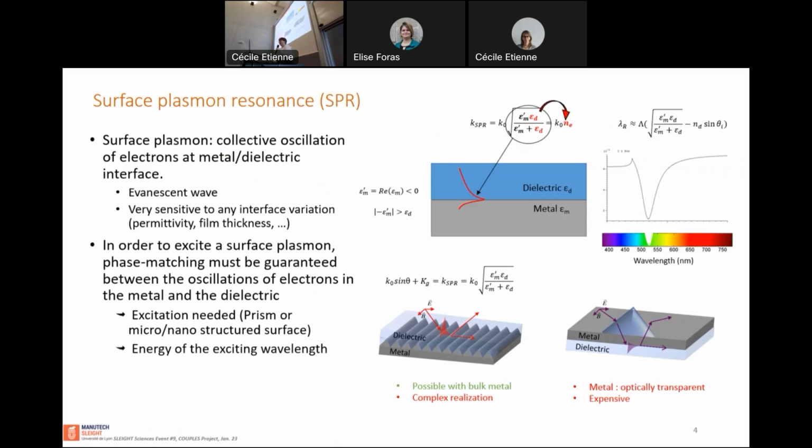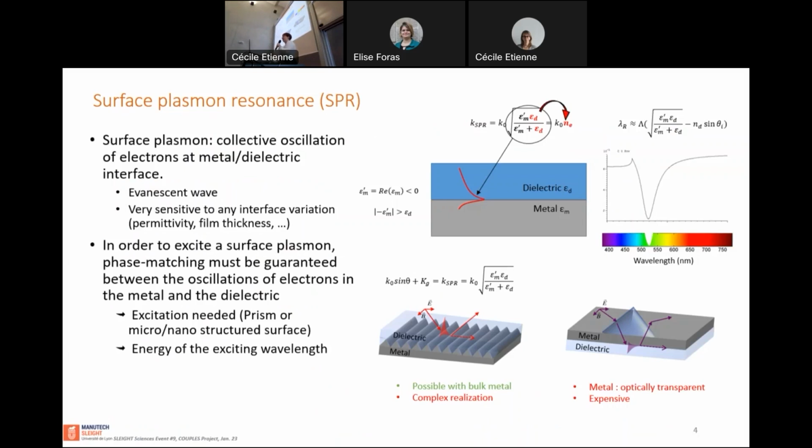What happens when there's an incident light on our diffraction grating? There will be some energy at a special wavelength, a resonance wavelength. This energy at one specific wavelength is used to propagate the surface plasmon at the interface, and the rest of the incident light is reflected.